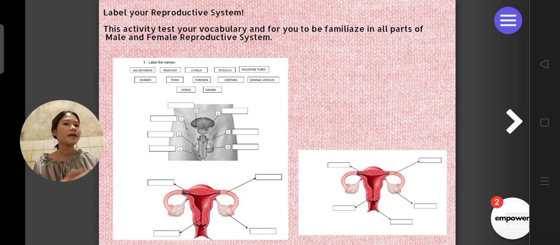May mga label na kailangan mong i-label sila ng isa-isa. So, for example, vagina. Saan kaya siya nabibilang? Kung mapapansin natin, yung vagina, mapapansin siya doon sa parts ng babae.